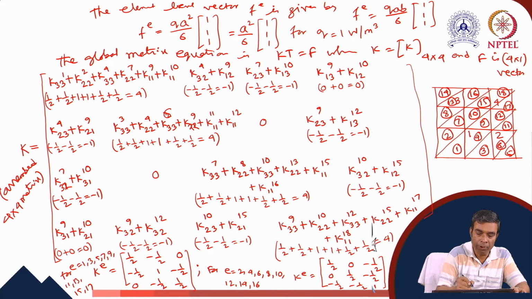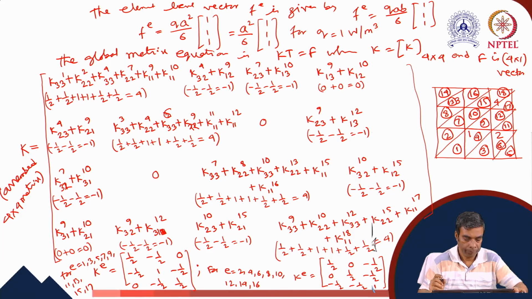Similarly, if we look into the term K13, this is K237 plus K1310. Therefore K31, the corresponding symmetric term, must be K327 plus K3110. So here is a small mistake in the term K42. K24 is K239 plus K1312, so the K42 term should be K329 plus K3112.